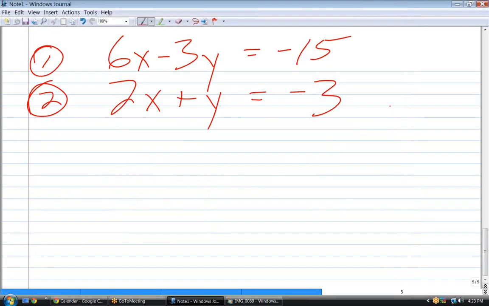Now let's look at this. If I add or subtract these two equations right now, does any variable get eliminated? Just look at it and add the two equations and see if one of the variables disappears.